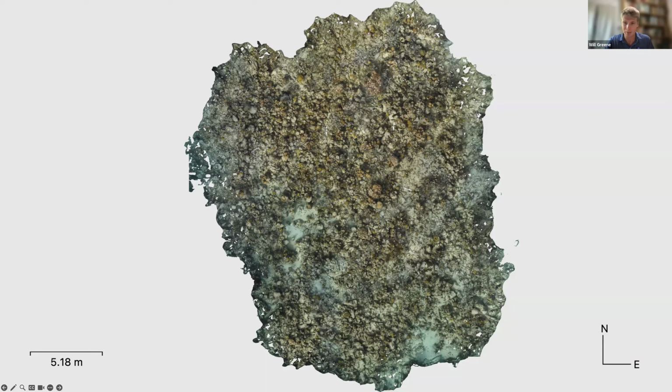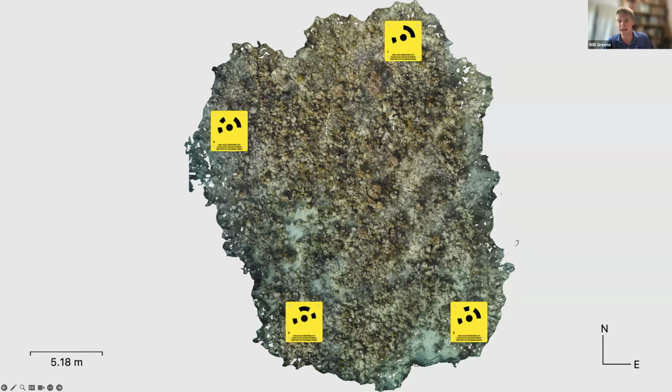So the first steps are to install the corner markers, and that's finding a spot on the reef that, maybe a dead coral skeleton or something like that, that's very firmly fixed to the bottom. And it's using masonry nails to install these permanent corner markers that have pre-drilled holes in them. So you place them at the far corners of where your plot is going to be. And that usually can be done in around 10 minutes or less.